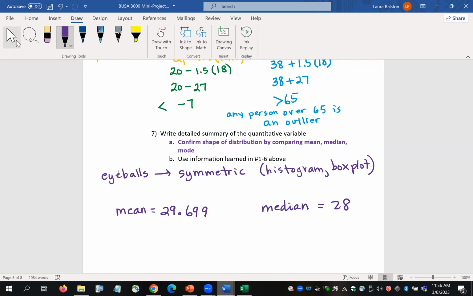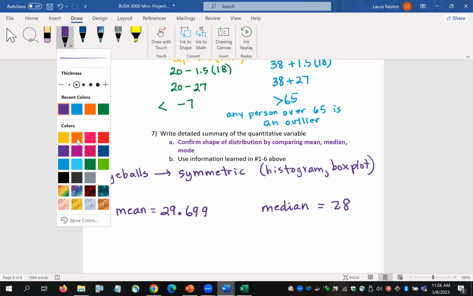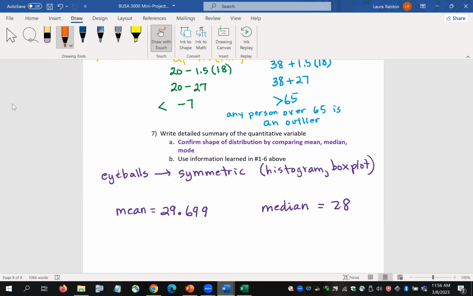Well, to be symmetric, the mean should be approximately equal to the median. So you have to ask yourself, is 28 and almost 30 approximately equal? I don't really think so.